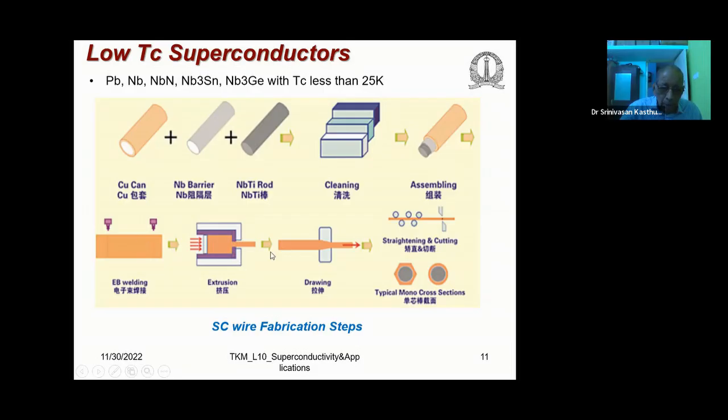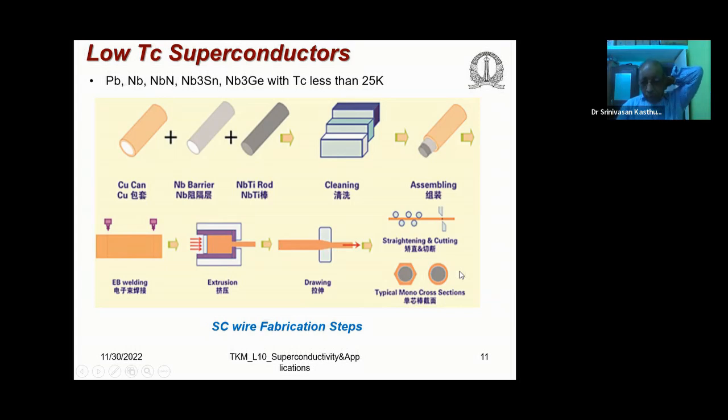The extrusion process makes sure that you get a rod of smaller diameter, and then you draw this, and you get many such extruded rods. Now the cross section of this will look like this, the typical mono cross sections.